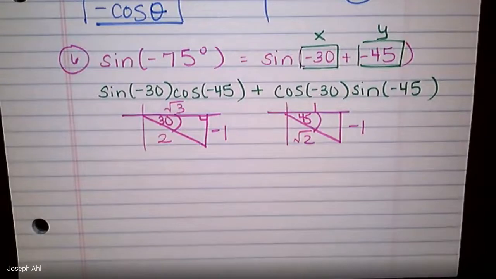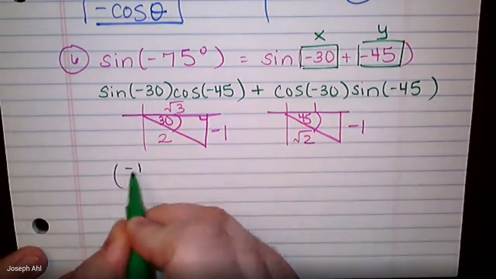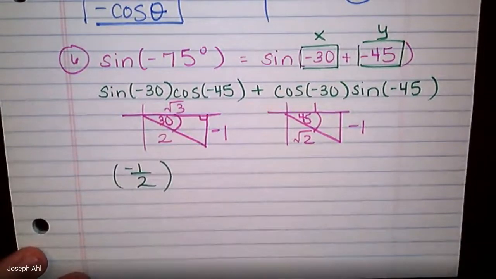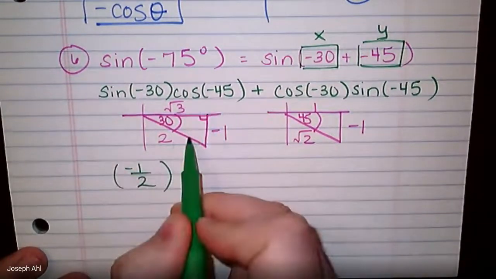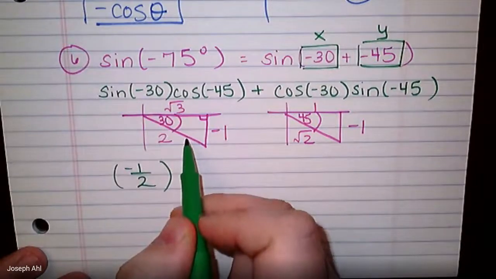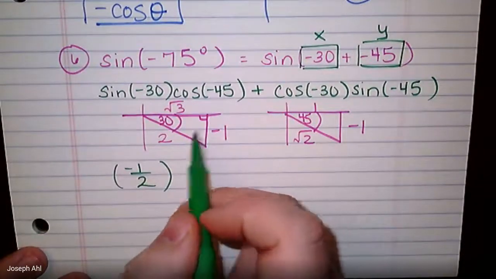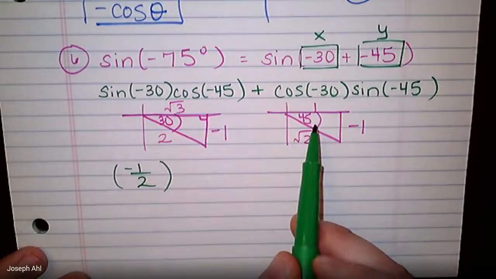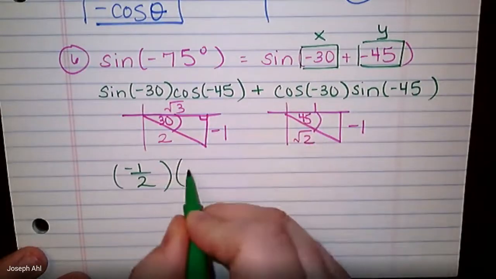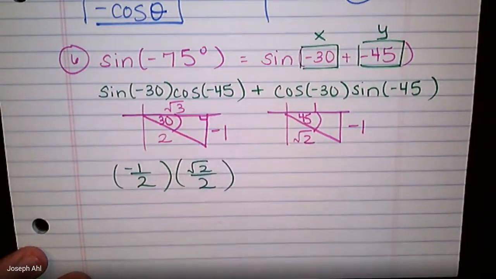Okay. If you evaluate these, I might as well just finish it quick. Sine of negative 30 is negative 1/2. Makes sense. All-star trig class would tell me that in quadrant 4, sine is negative. Cos will be positive, right? Cos negative 45, come to this triangle, adjacent over hypotenuse, rationalized would be radical 2 over 2.